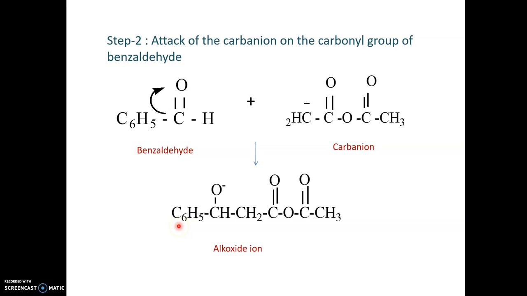So the structure of the alkoxide ion is C6H5CH-O minus, and the rest is of your carbanion. So in the second step, because of the attack of the carbanion on the carbonyl group of the benzaldehyde, we are getting the alkoxide ion.